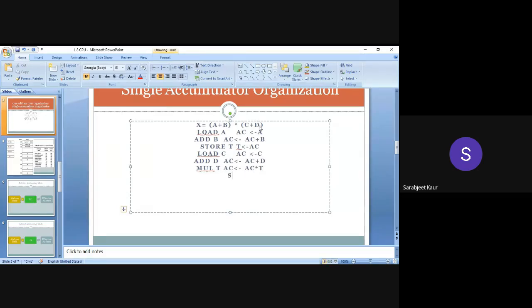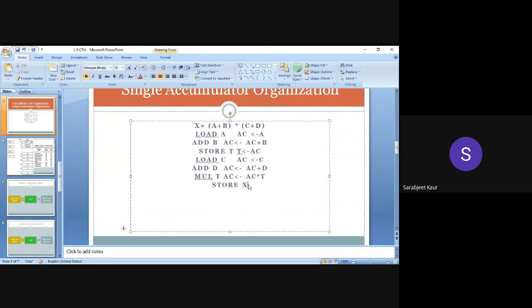And then store the result in X. So X gets the value of AC. Is this okay? Is this clear to everybody?